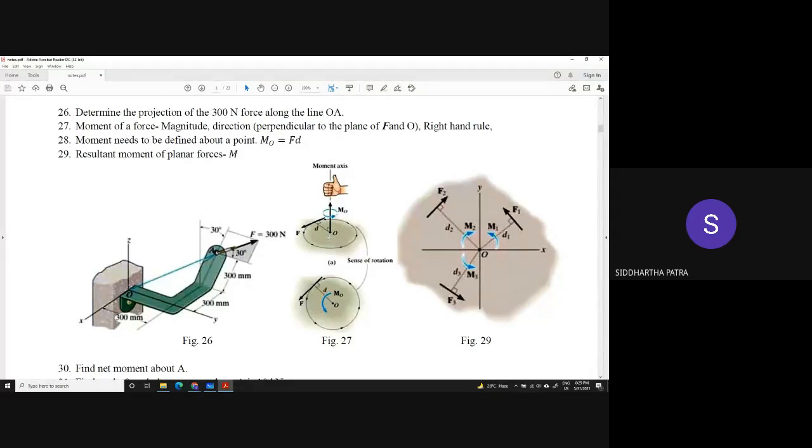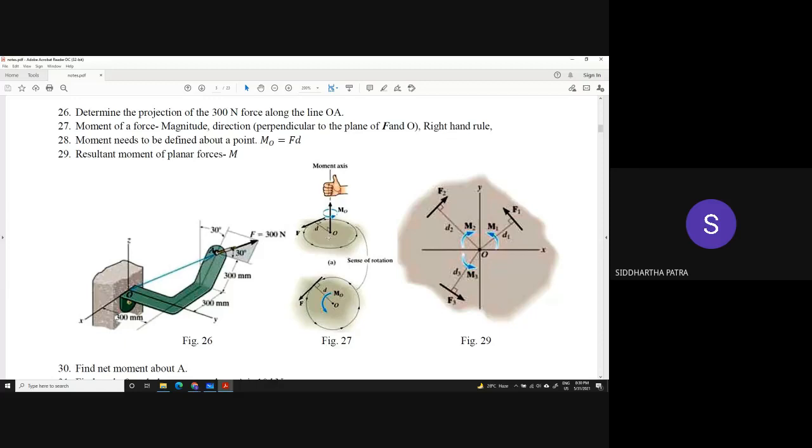A moment being a vector whose magnitude is proportional to the magnitude of the applied force and the normal distance, and the direction is normal to the plane containing that potential center of rotation, or the point about which I am getting the moment, and the force. Whatever plane contains those two, it is normal to that.